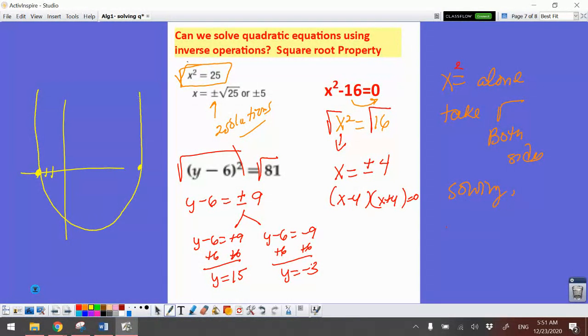Here's my quadratic. So this ordered pair is negative 3, 0, and this one is 15, 0. So if I was to actually write the factors, remember it's the opposite. This one would be y minus 15, and this one would be y plus 3.